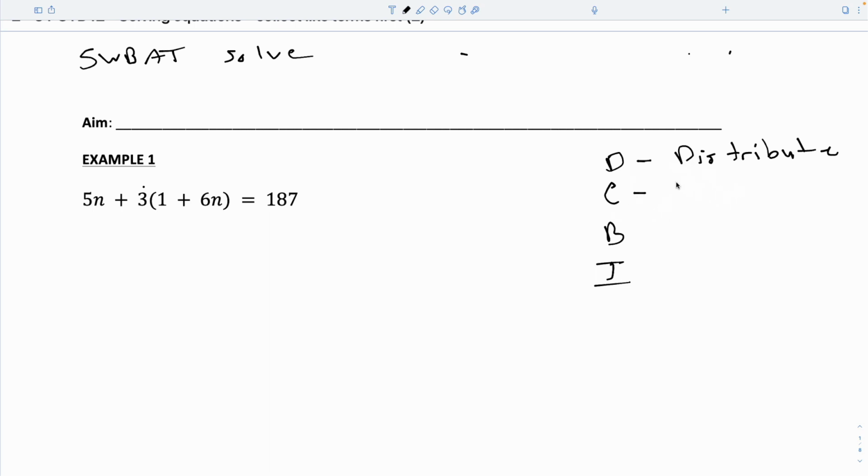You can always improve. So we're going to distribute, which there is something to distribute. The C stands for combine like terms. That's our added wrinkle into today's problems. The B stands for what, Daniel? Bring what?